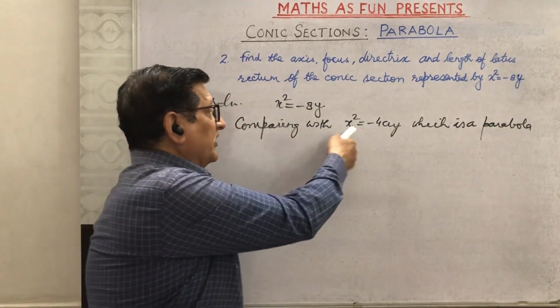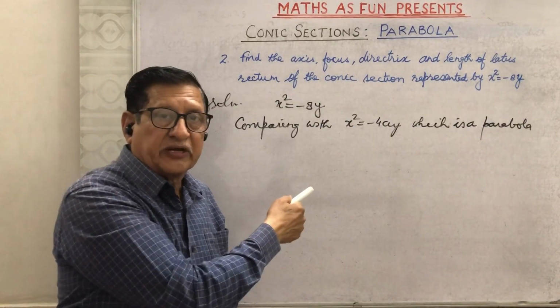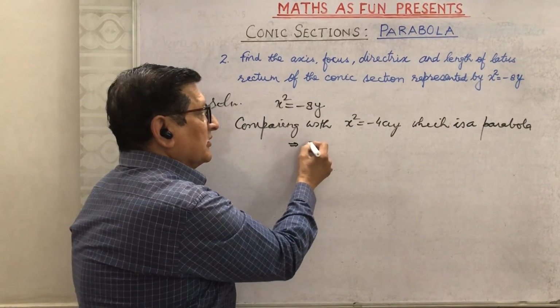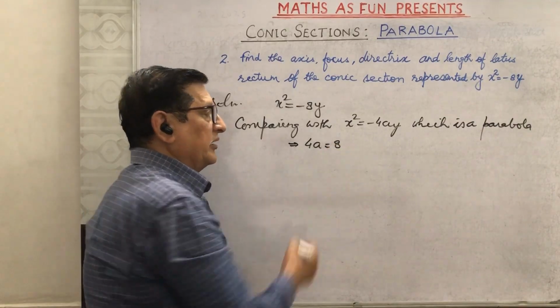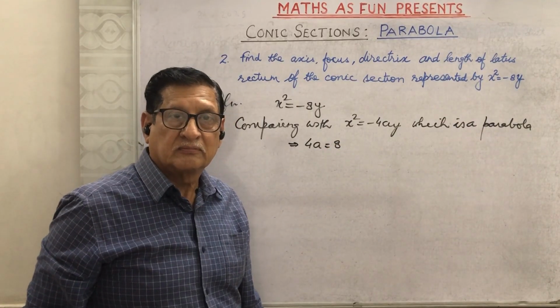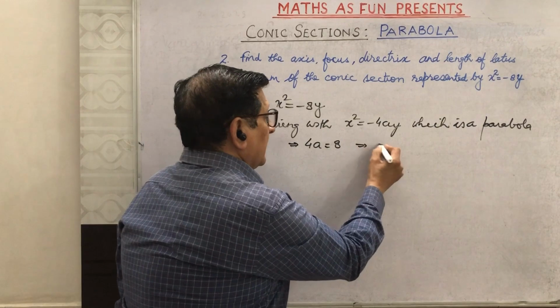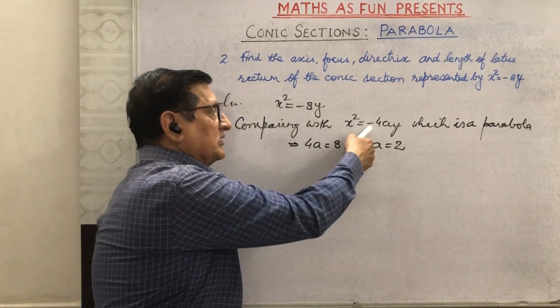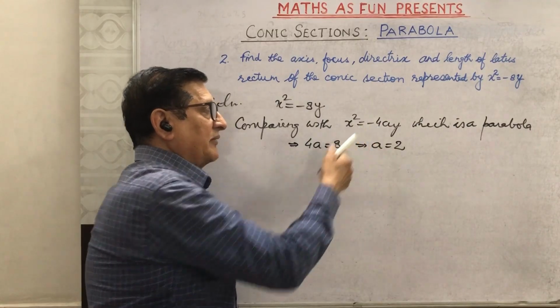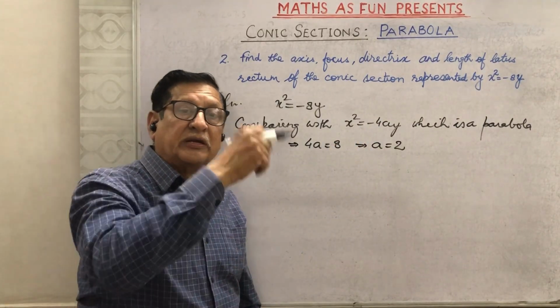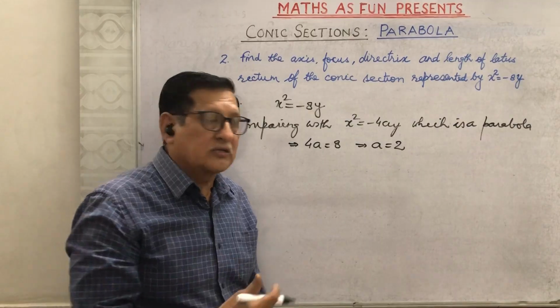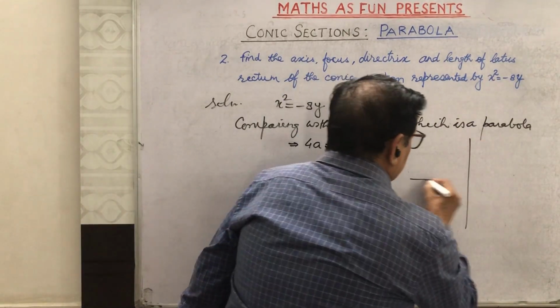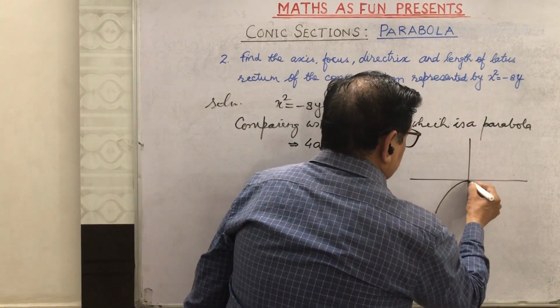Now, if we compare this, what we find? Here we find that 4a is equal to 8. It means a is equal to 2. And also we find that this is the equation of the parabola when it is in the negative side of the y-axis. So here we find that the parabola is like this.